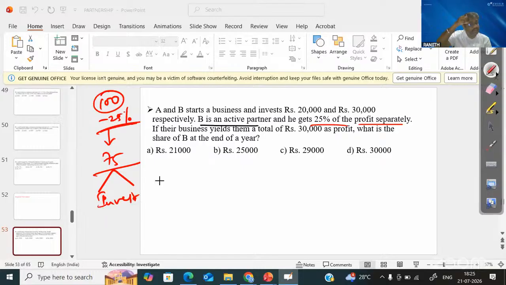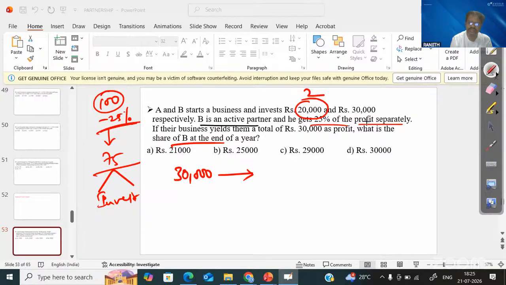So if their business yields them a total of 30,000 profit, what is the share of B at the end of the year? So out of the total 30,000, how much profit does B get as the active partner? What is the investment ratio initially?